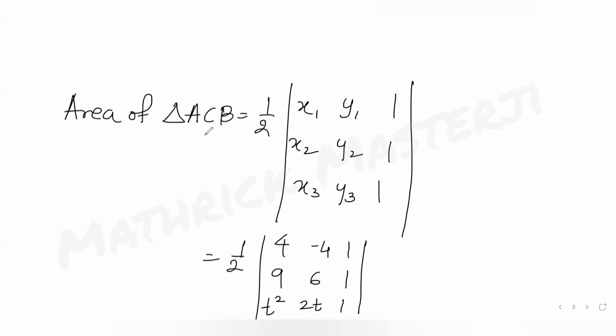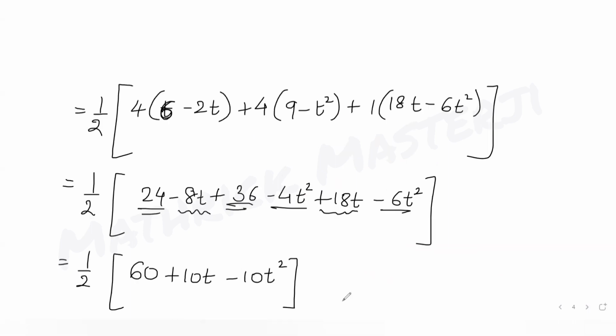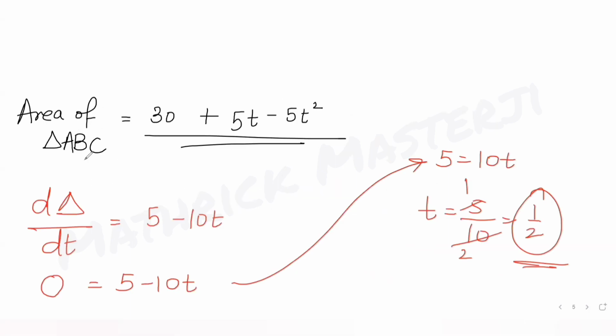Then we applied the area of triangle formula from coordinate geometry with the 3 points. Then I solved the determinant and got my area of triangle as 30 plus 5t minus 5t square. Then with the application of derivatives, we found the point at which the area of the triangle becomes maximum.